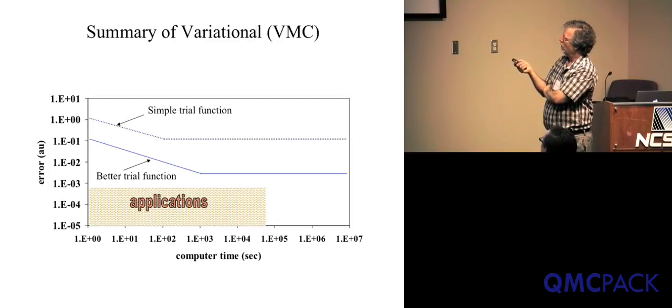But variational Monte Carlo is not quite good enough, because this is where we want to be with applications. That is, we want to get things with 10 to the minus 3 atomic units accuracy, and variational Monte Carlo doesn't always get down into there. You also don't want to run too long; you only have so much budget. So this is where the applications are.